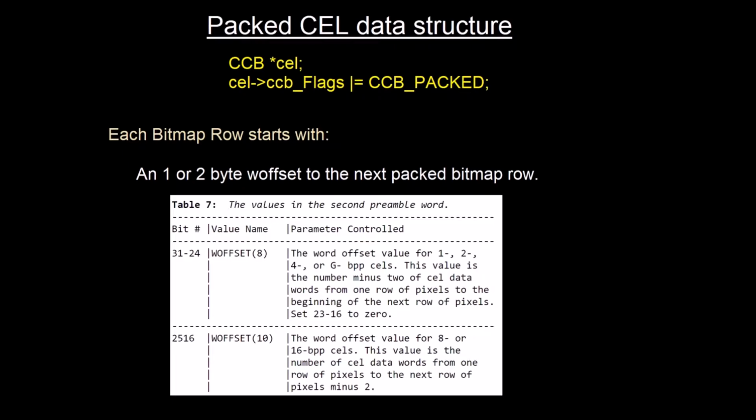If your bitmap was unpacked, so uncompressed, then it would have a stable length in words of each bitmap row, but now it's unstable. So now the same logic that applied in the preamble, you apply it for every bitmap line. But every bitmap line will have a different W offset value.